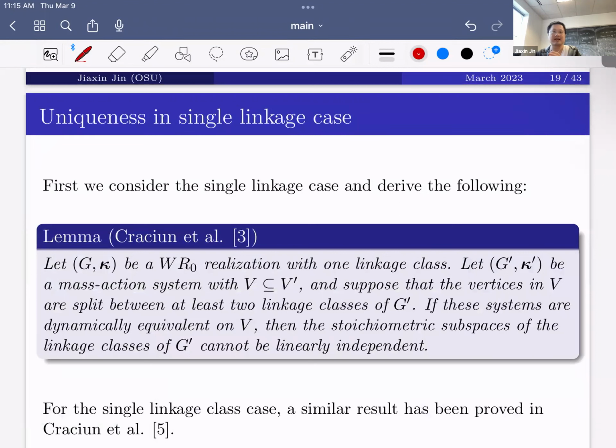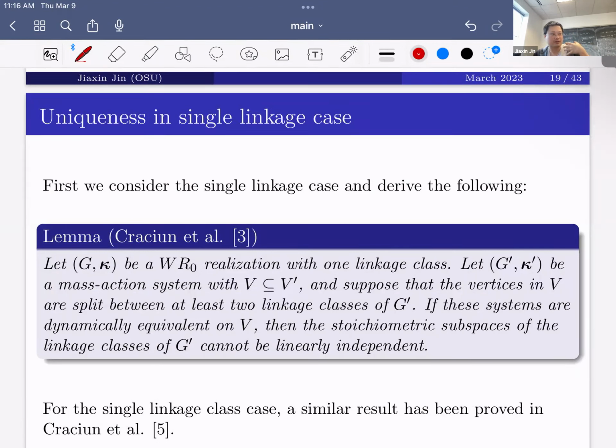And using this lemma, we are able to show, first, that if you give me a WR0 relation with a single linkage class, it has a unique relation. The reason is, if you have a WR0 relation, the linkage class should be alpha independent.